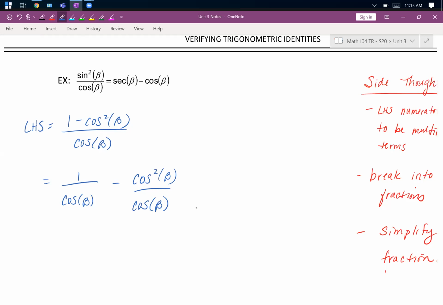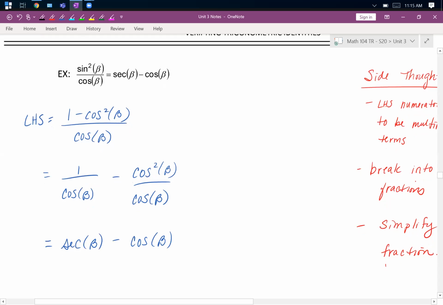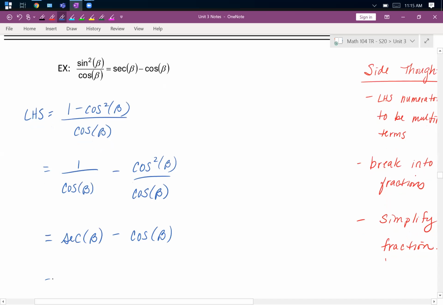So I periodically glance up and look at my right-hand side. We know that 1 over cosine is equal to secant. Great, that's our first term on the right-hand side. And then cosine squared divided by cosine is a single cosine, and there's our right-hand side. That's it.